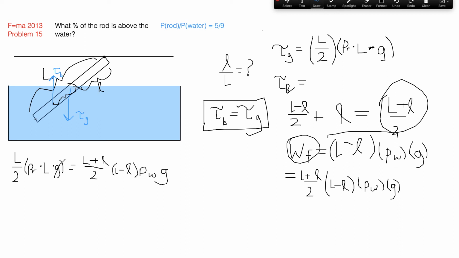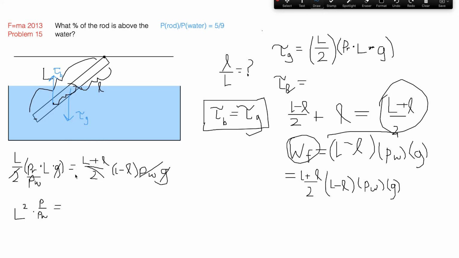Time to simplify. We get rid of the g's, and then let's get something that we know. If we divide both sides by the density of water, we have the density of the rod over the density of water. We can also get rid of the divided by 2 on both sides. This is messy, so I'll fix it up.